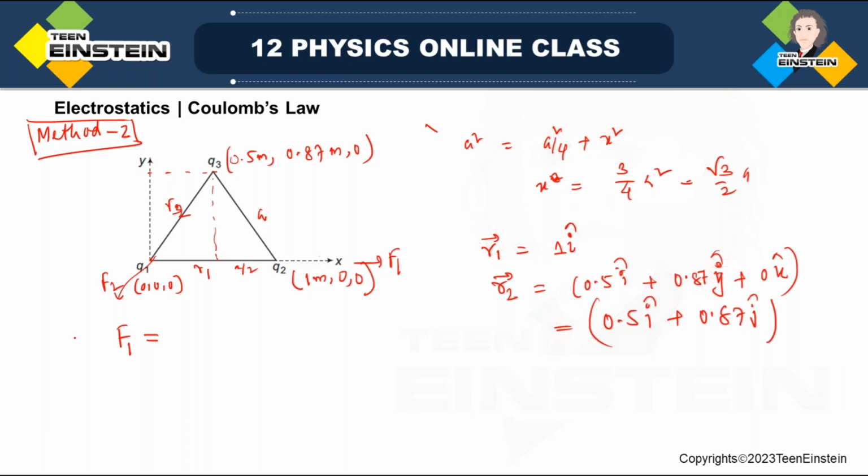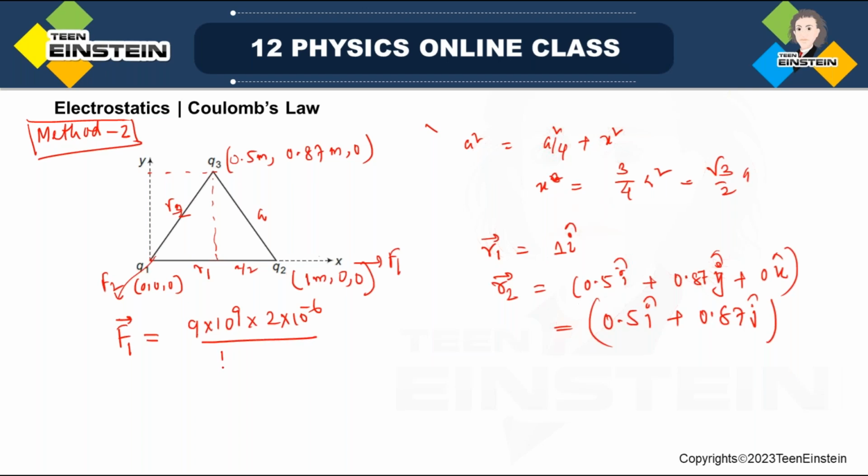So F1 vector is 9 into 10 to the power 9, times Q1 Q2, the charges 1 and 2, which were 2 into 10 to the power minus 6, 1 by 4 pi epsilon naught R square.